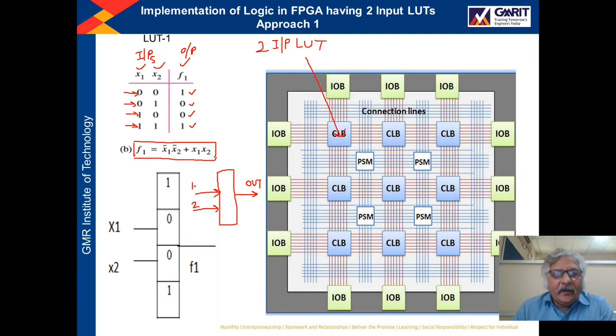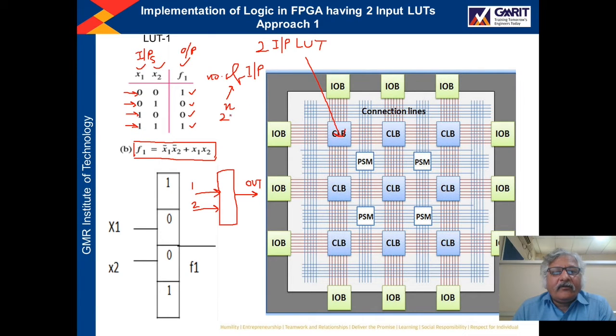Now if the number of inputs to the LUT is 2, then it will have 4 storing places. How many storing places are there in the LUT? It is decided by the formula 2 raised to the power n, where n is the number of inputs.